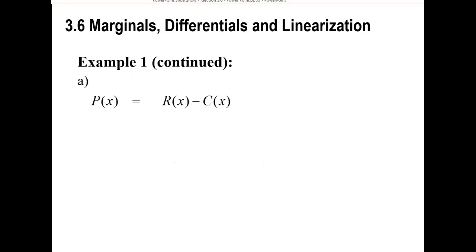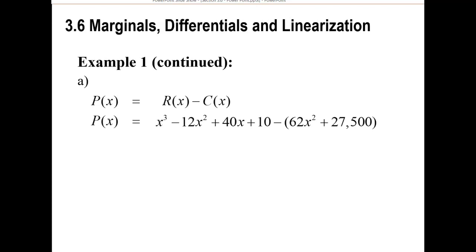All right, so profit is revenue minus cost. What you bring in from revenue minus the costs that you have to pay. All right. So revenue function minus the cost function that we were given. Don't forget to put the parentheses around cost so you can distribute the negative. Distributing the negative and cleaning that up gives me x cubed minus 74x squared plus 40x minus 27,490.